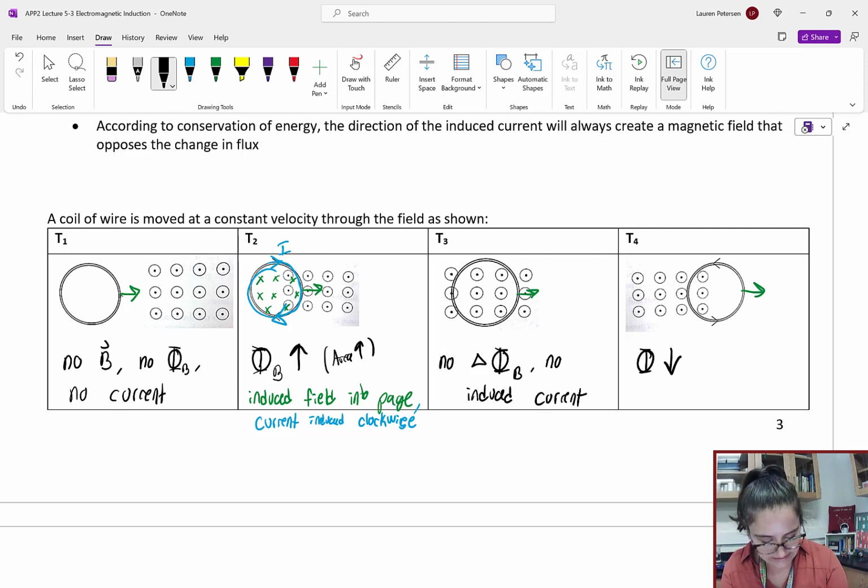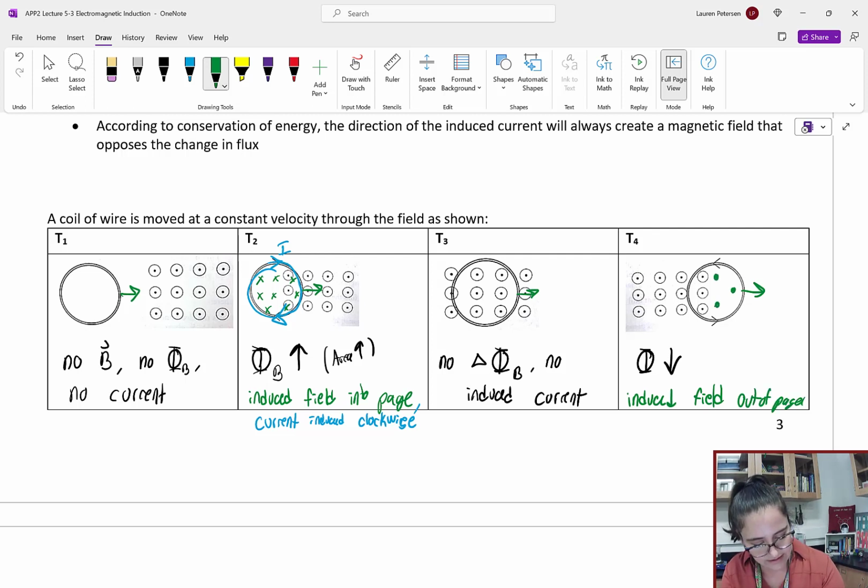So the flux is decreasing due to that decreasing area. So we want to oppose that change. Since the flux is decreasing, we want to put it back. So the induced field will go in the same direction as the existing magnetic field. So the induced field will come out of the page.